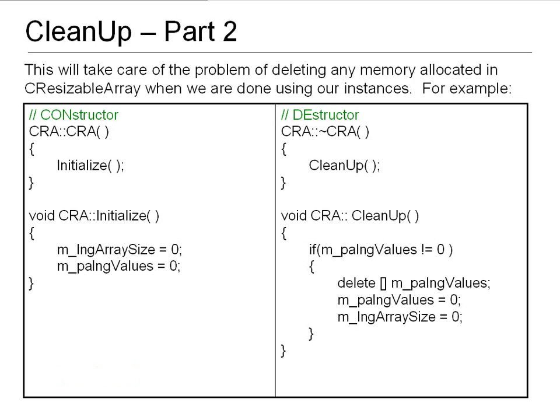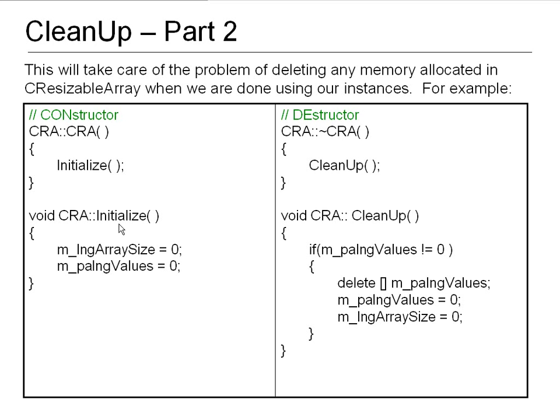The cleanup will take care of the problem of deleting any memory allocated in CResizableArray when we are done using our instances. So for example, if we went to the last homework, we would automatically call initialize in our constructor and would set both the array size and the values to 0.